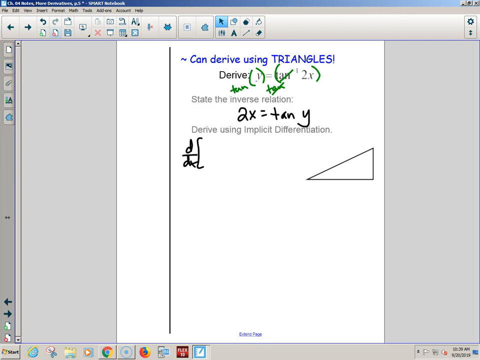Careful: 2x quantity squared times u prime. Feel free to collaborate in groups if you get stuck. I don't mind.